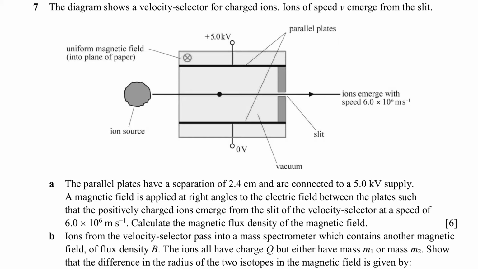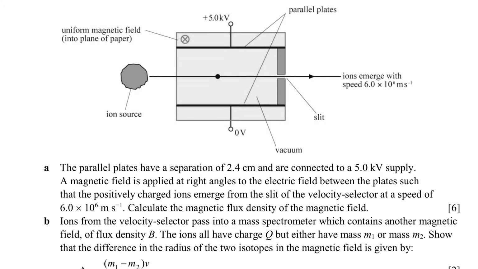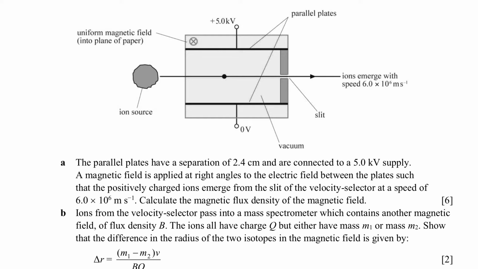In number 7, we are going to explain the voltage here. The charge is a positive charged ion, so it means this is positive. Take note. If we use Fleming's left-hand rule, we know that the force of the magnetic field is going up, so FB is going up, and it means FE is going down.